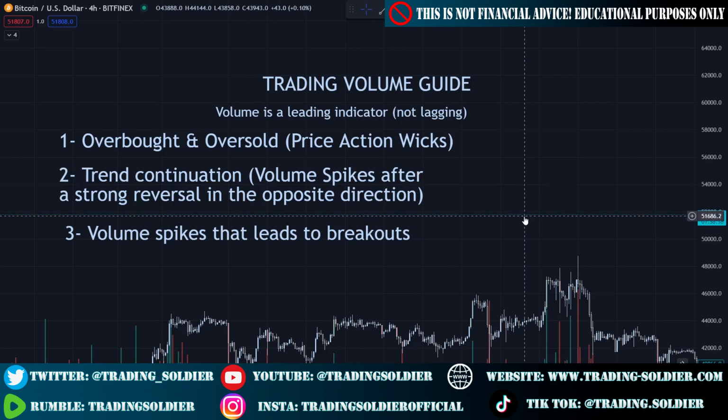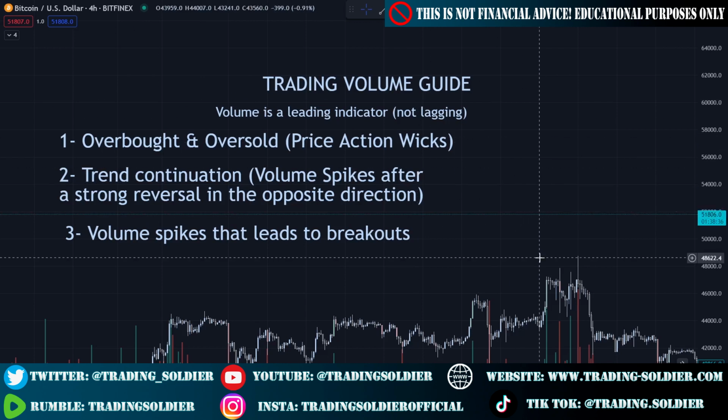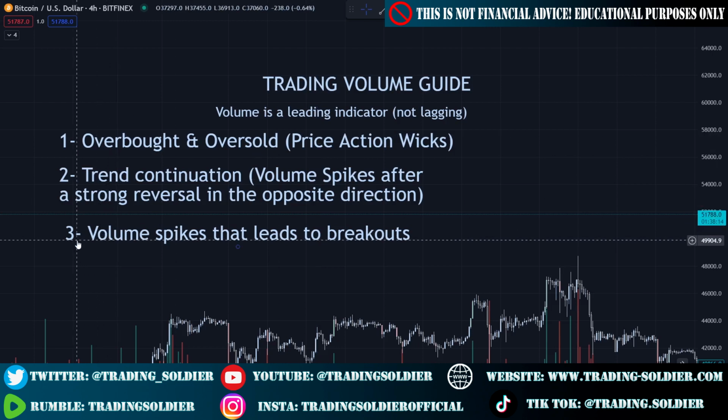If we see a big spike in the selling volume, and the price action combined in confluence with the volume tells us that we are in a trend continuation move, we can assume it continues down. Or on the opposite side, if we see a lot of buying volume, we can assume that the trend continuation is to the upside, okay?